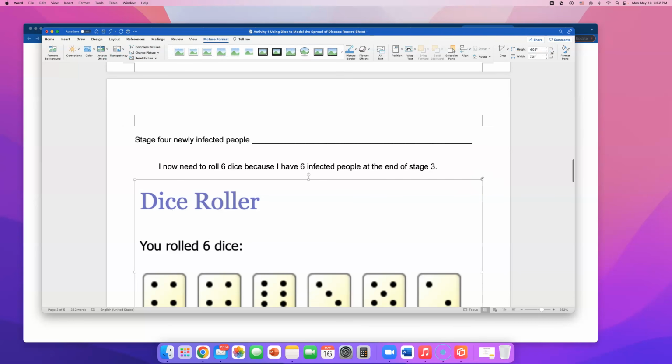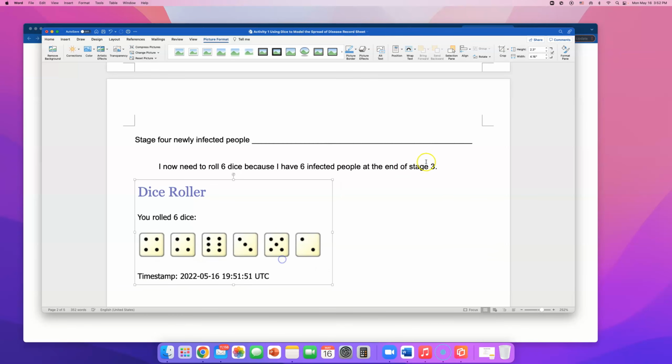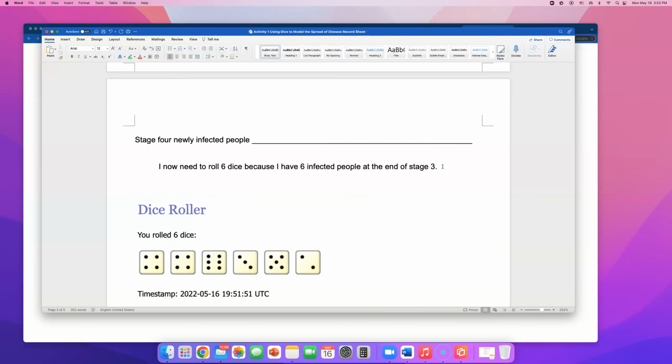So I have to now label these numbers. Okay, I rolled 4, 4, 6. You see those? 4, 4, 6, 3, 5, and 2.